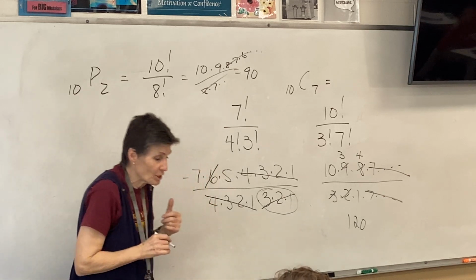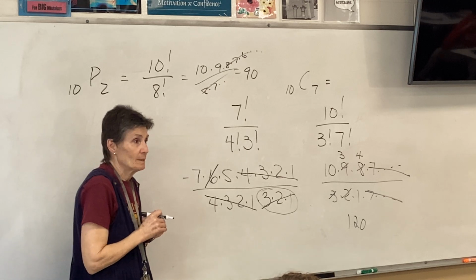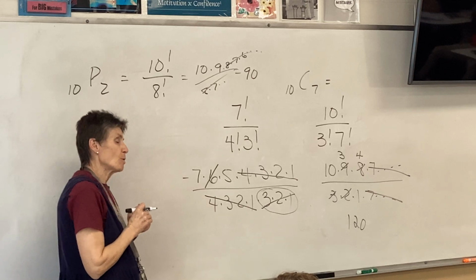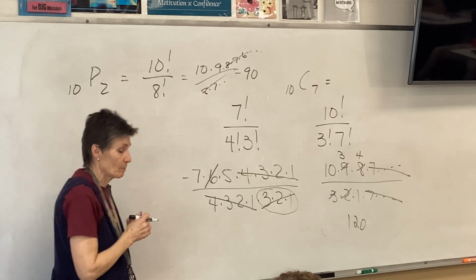All right, so you do G. Remember, it's a P. You're probably gonna need your calculator to help you multiply, because this one's gonna have a lot of numbers to multiply.